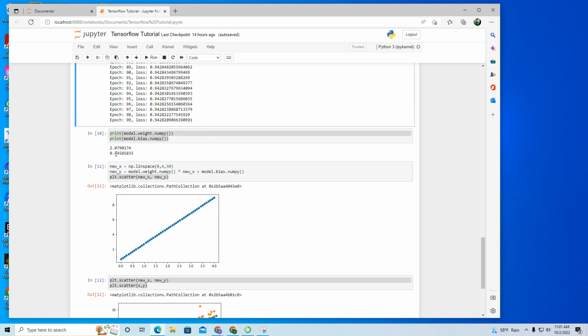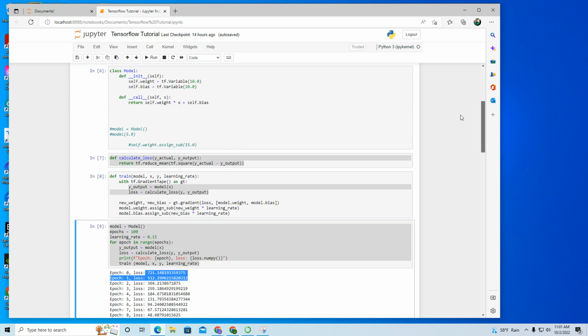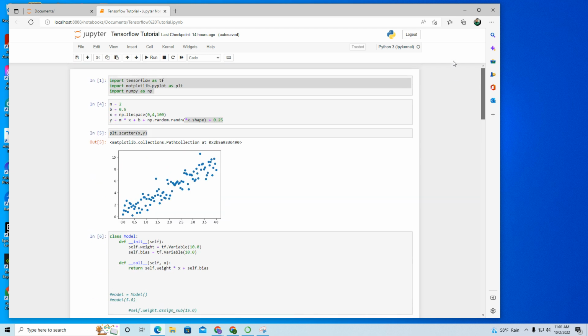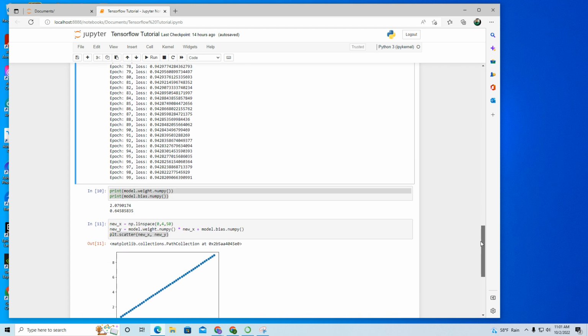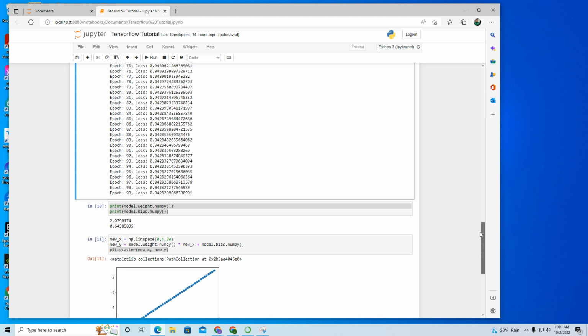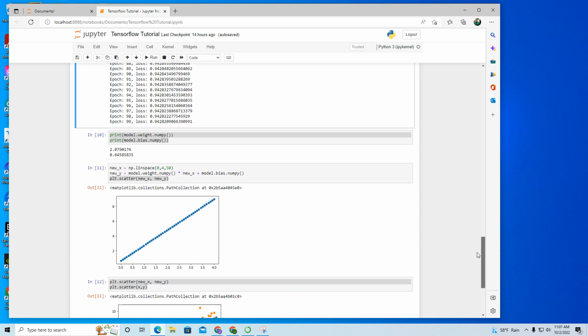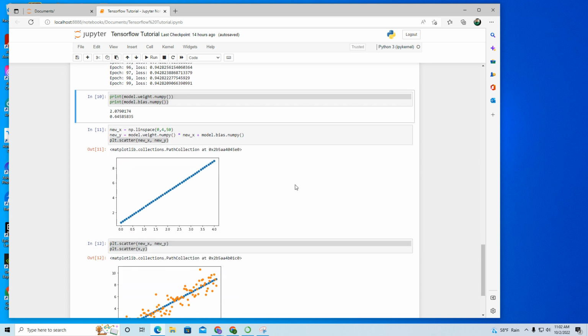All right, so if we look at where we are, we printed the bias. If we go back to our original 2.5 or 5/10, and we're at 2.07 and 6. So that's actually pretty close, right, to where we were to begin with.